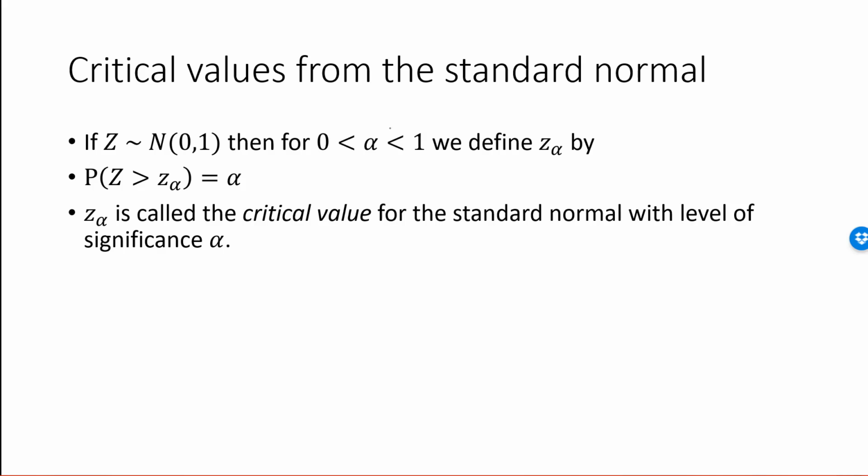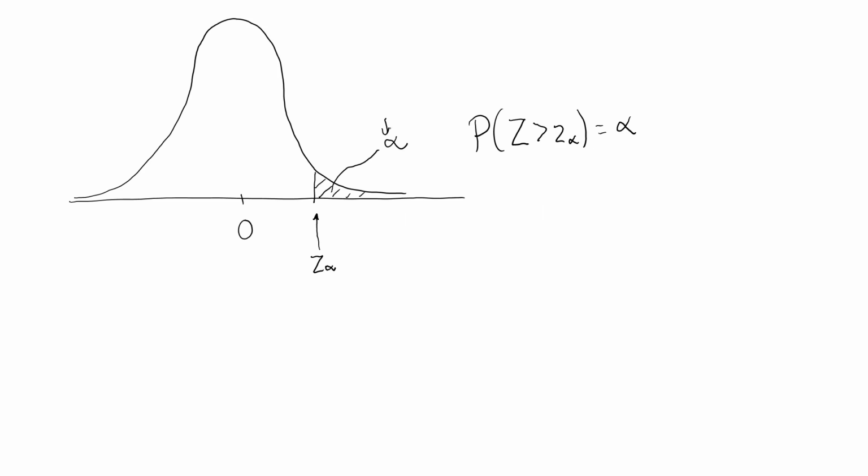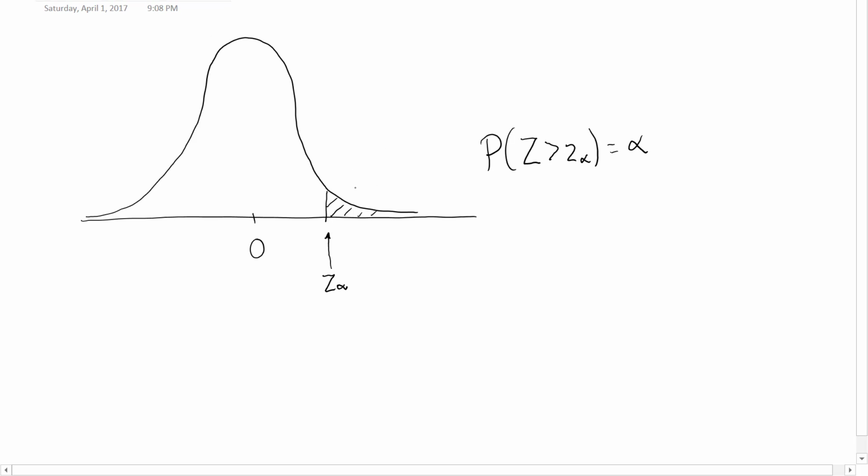There is one z alpha you should memorize: if alpha is precisely 0.025, then z alpha is precisely 1.96, meaning that there is a 95% probability of getting a random number between plus minus 1.96 from this standard normal distribution.